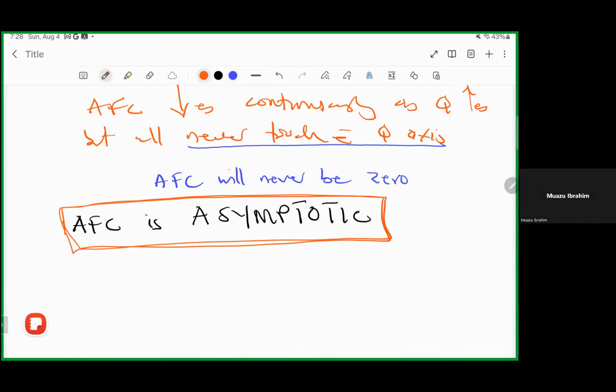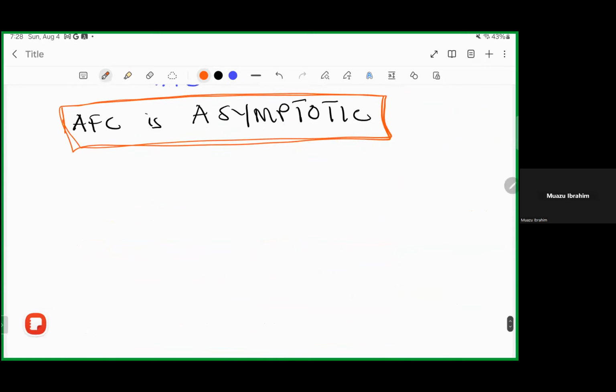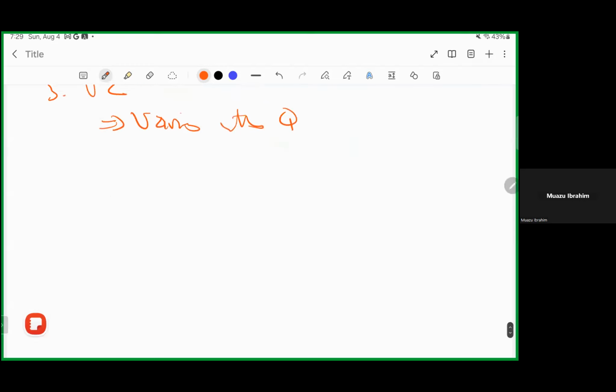Now, the third one that we are going to look at is the variable cost side. Remember, we said variable cost is the cost that varies with output. In this case, our variable cost is equal to 0 if output is also 0.